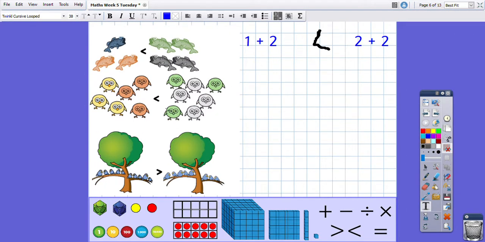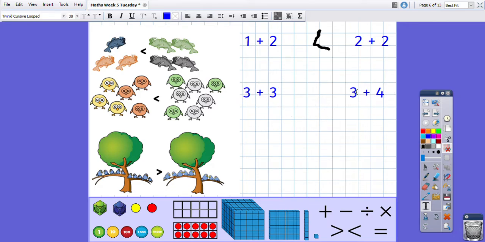So I've got 3 yellow birds, and I've got 3 red birds, and I know that that is 6 because I know my doubles. And when you add two of the same number, you are just doubling it. And then I've got 3 green birds and 1, 2, 3, 4 blue birds.